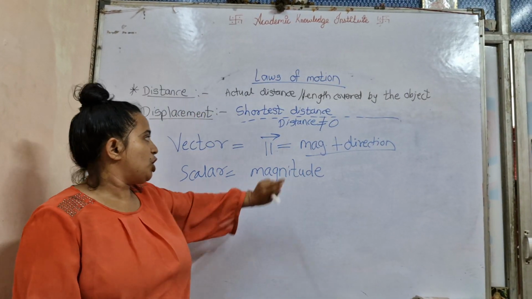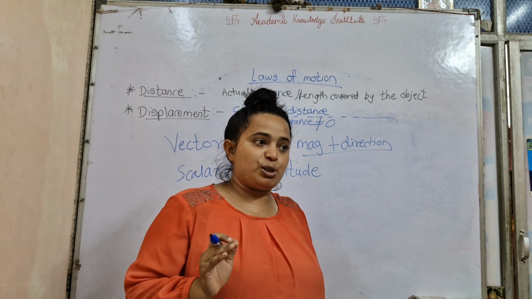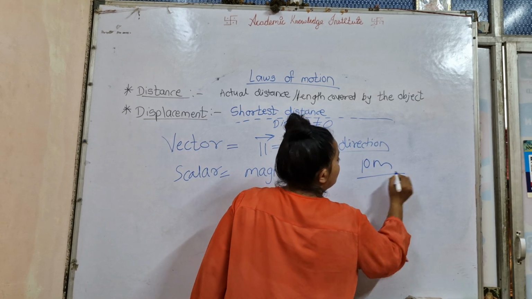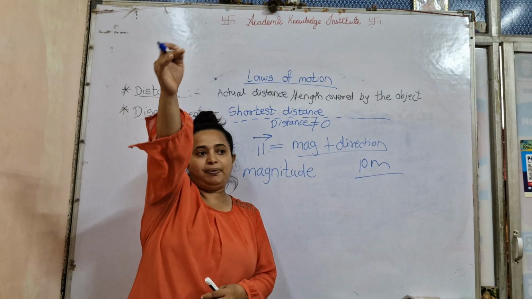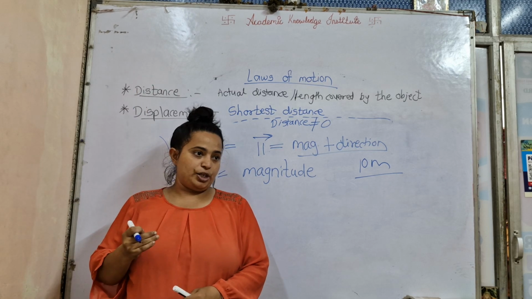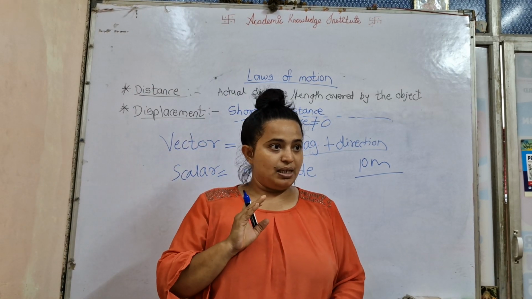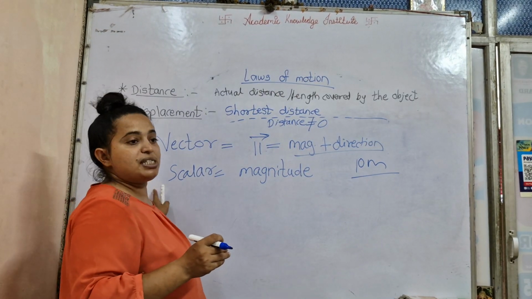So in this case, the distance will be covered, not the displacement. But if I walk 10 meters and again come back, here my direction does matter. So one is a scalar and one is a vector.